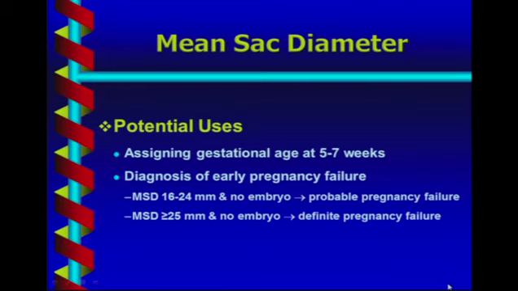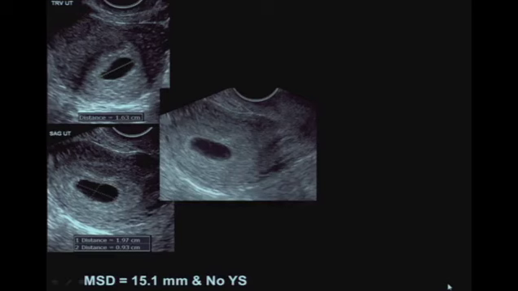When the mean sac diameter is at least 25 millimeters and no embryo, definite pregnancy failure. With probable pregnancy failure, you don't want to act other than to get a follow-up scan. With a diagnosis of definite pregnancy failure, no more information needs to be collected. You have the definite diagnosis.